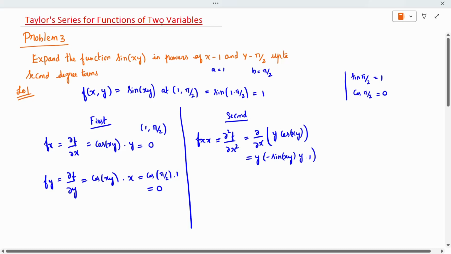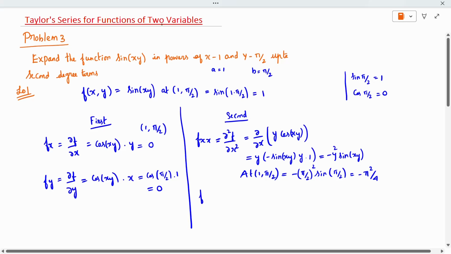So we get minus y squared sin xy. Substituting at 1 comma pi by 2, minus y squared is pi by 2 the whole squared, into sin of 1 into pi by 2, and sin pi by 2 is 1. So the answer for f double x is minus pi squared by 4.